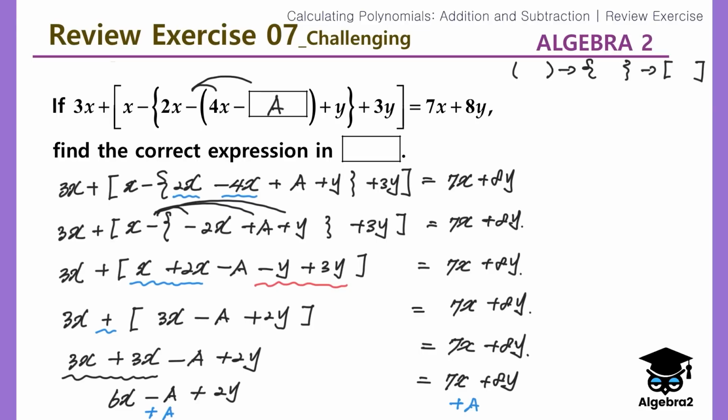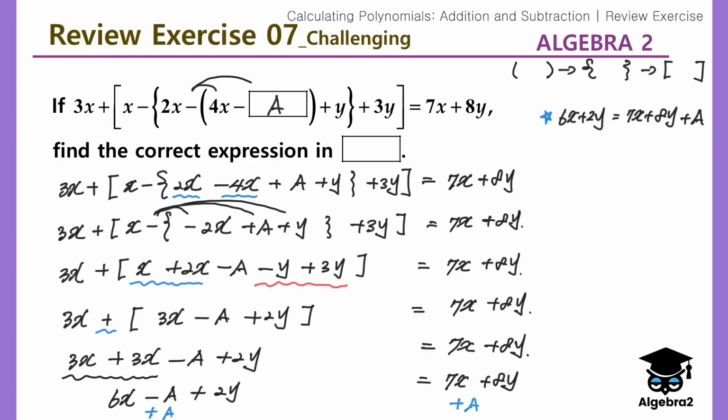Okay, so we have 6x plus 2y is equal to 7x plus 8y first, and plus a.